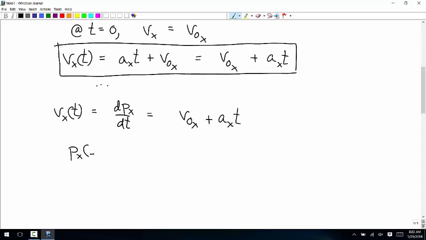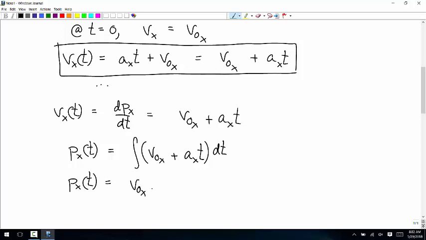So px as a function of time is equal to the integral of v0x plus axt integrated with respect to time. And so px as a function of time is equal to v0xt plus 1/2 ax t squared plus another constant.